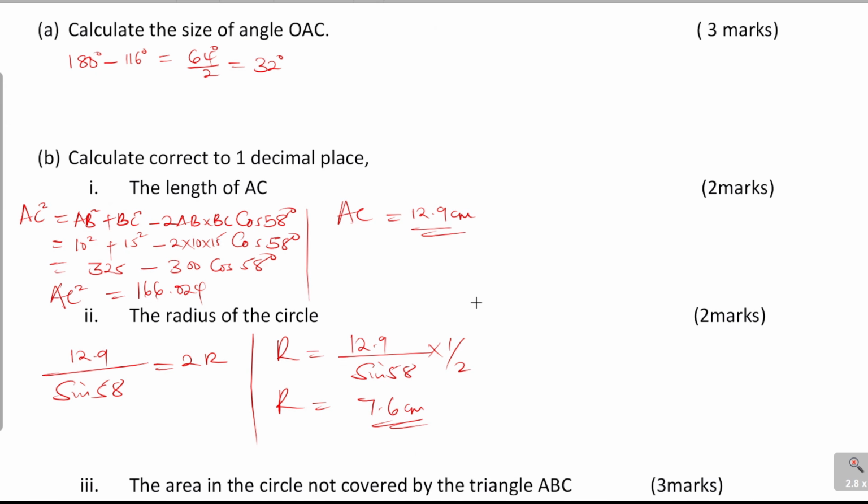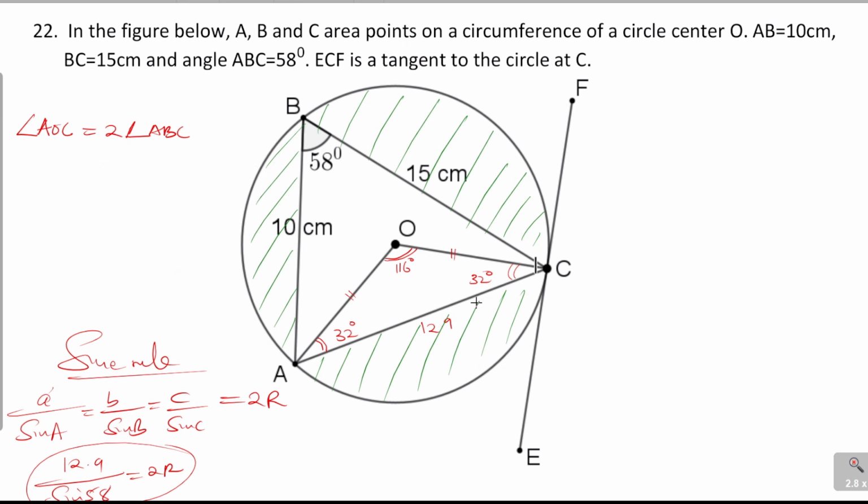The area in the circle not covered by the triangle. That is the one that I've shaded. The area that I've shaded is not covered by the triangle. So how do you get that area? You simply need to get the area of the circle, then subtract the area of triangle ABC.